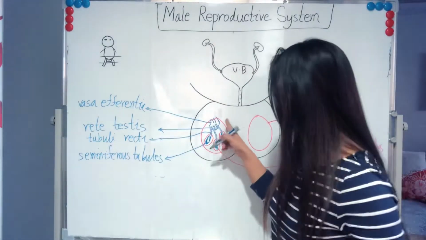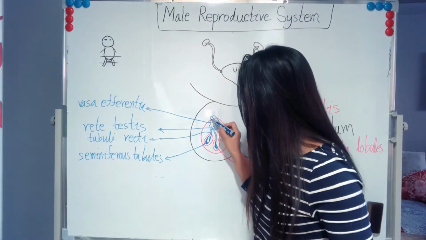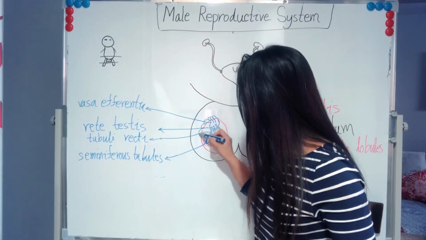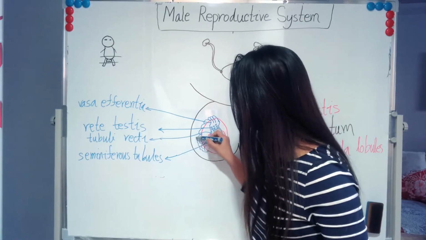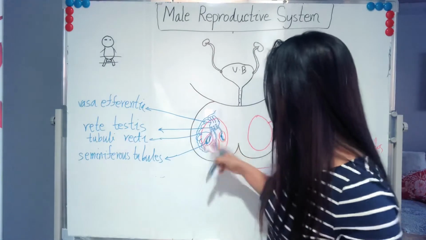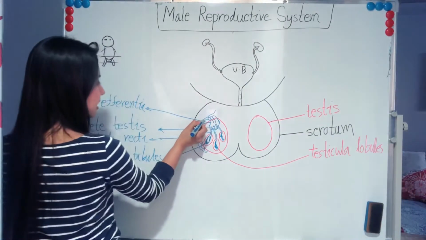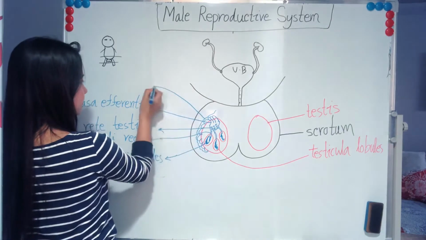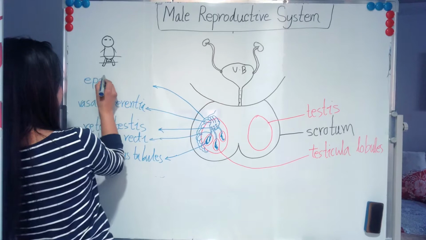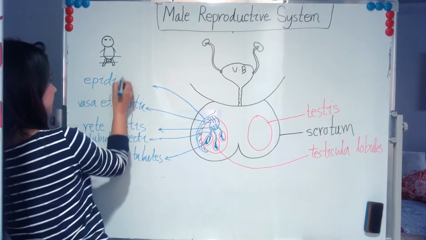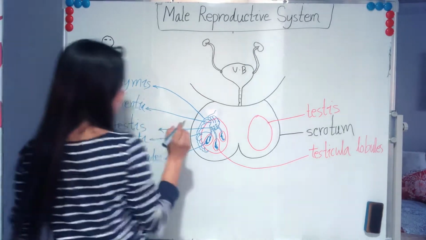Then these vasa efferentia connect together and make a tubule like this, and this tubule makes one duct, and this duct is called epididymis.